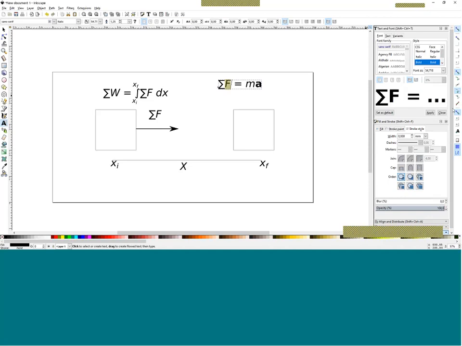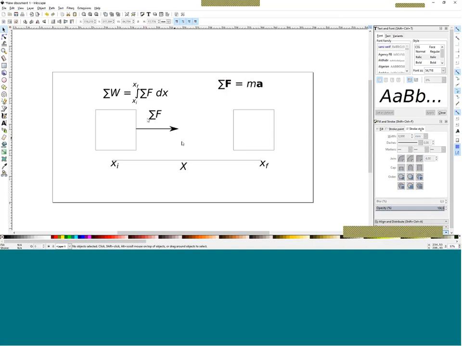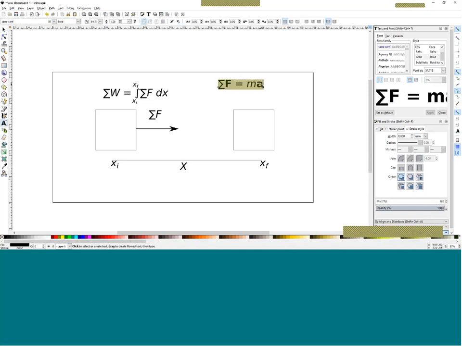However, since we're working with one direction here, we can ignore the multivariate directions and just concentrate on the one direction, which is acceleration in the direction of motion. So we can change this back to an italic and talk about x alone.